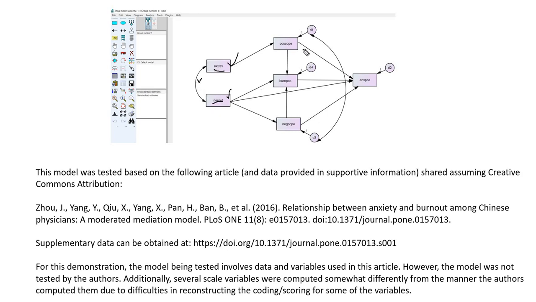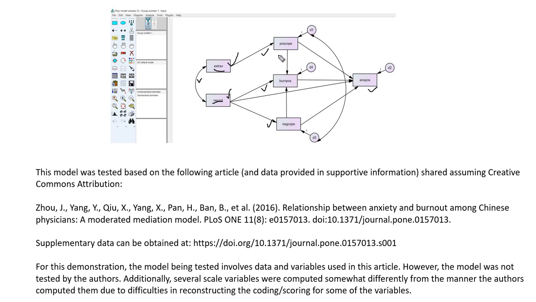variables to correlate. The remaining variables within the model are endogenous variables, and the reason why they're endogenous is because we have other variables within the model that are predicting them. So you can see that we have a single-headed arrow going to positive coping, to burnout right here, and negative coping right here, and then we have anxiety over here.